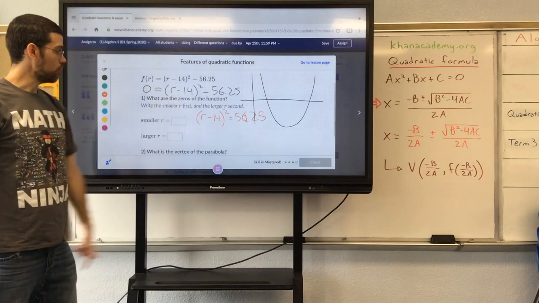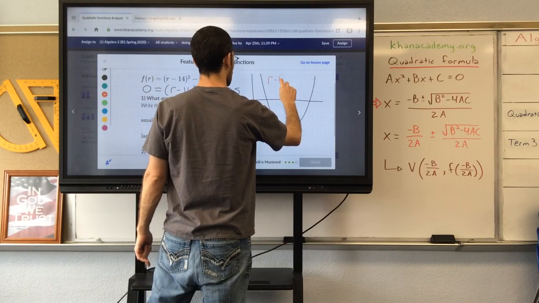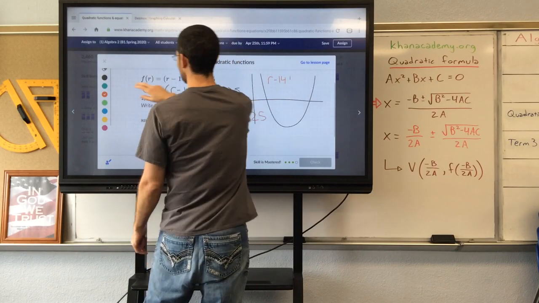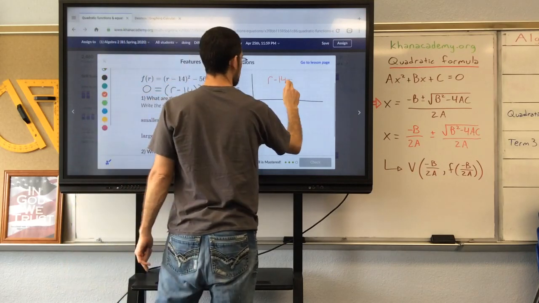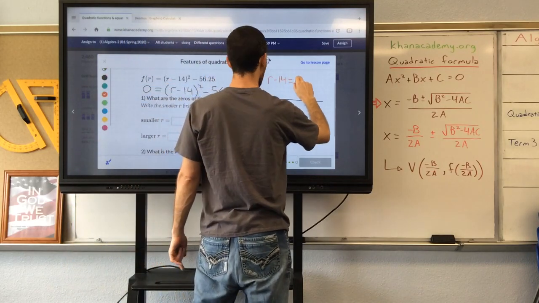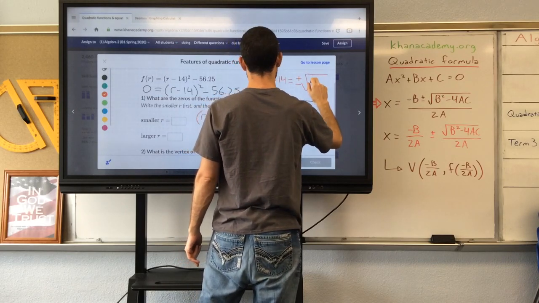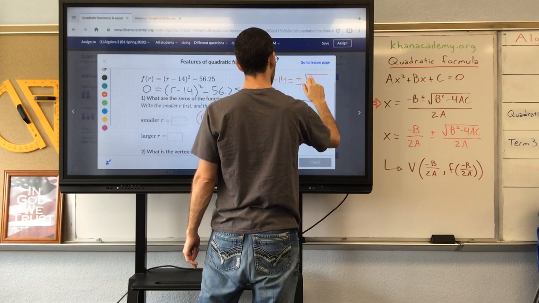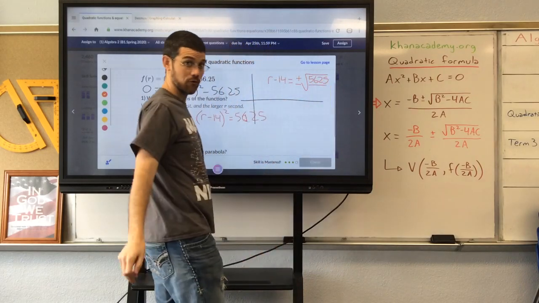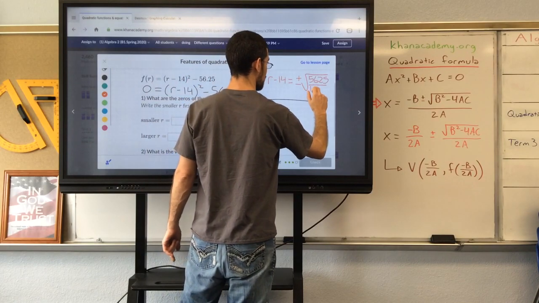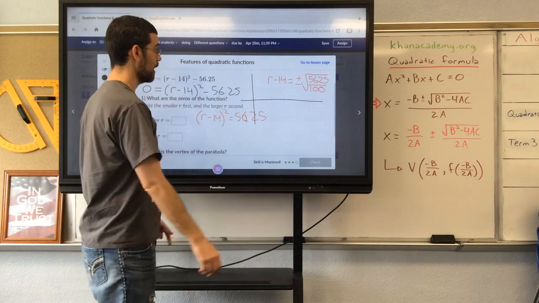If we take the square root of both sides of the equation, we get r minus 14 equals the positive or the negative square root of 56.25, which I'm going to write as a fraction, 5,625 over 100. And then I'm going to take the square root of that.